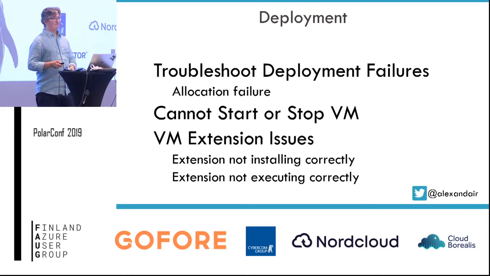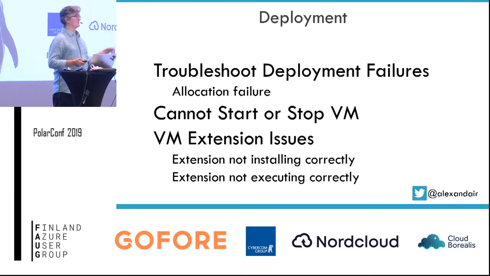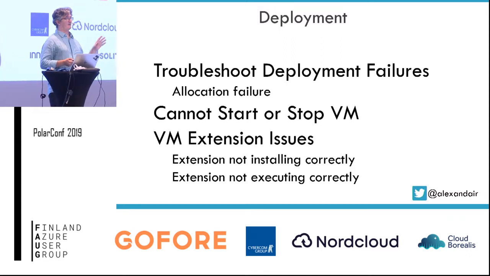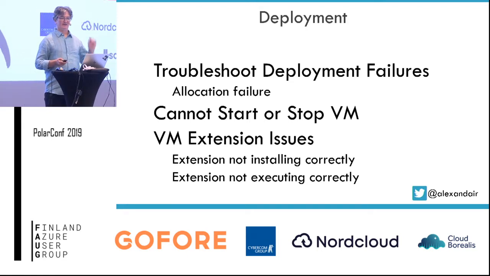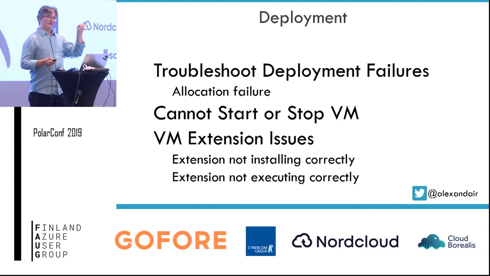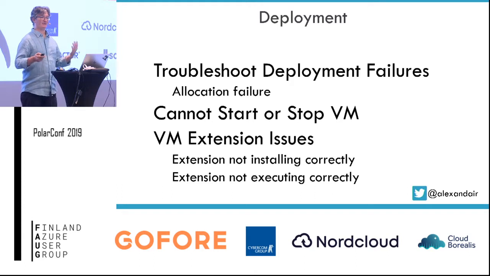That can happen. We can have a problem to start or stop a VM. Sometimes it's weird when you try to stop a VM and it just doesn't want to go. So it stays there and you look at, if you do that in a portal, you see that the line under the bell sign icon is going, and nothing is happening. So how hard is it to stop a VM?